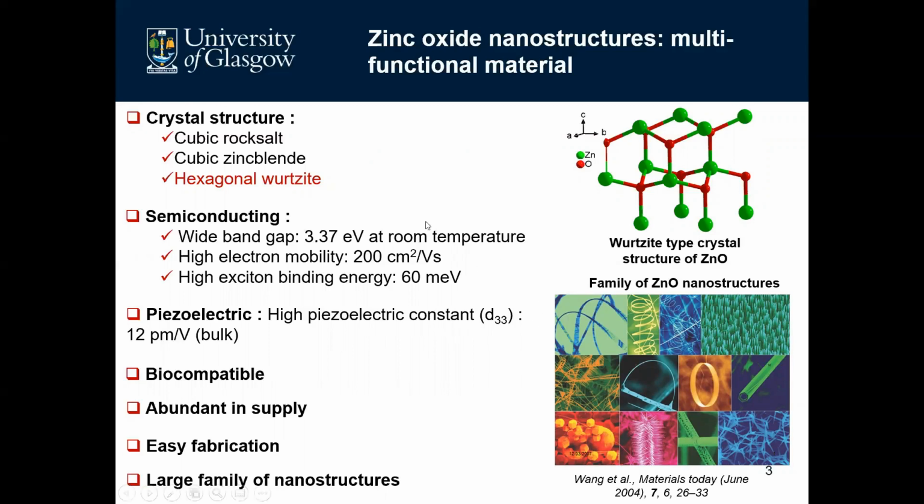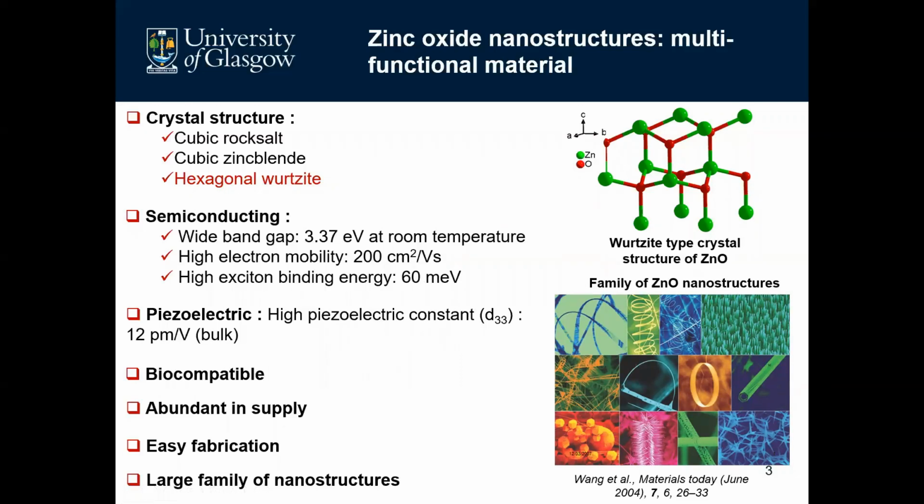So this slide shows some of the appealing properties of this material. As a wide band gap semiconductor having 3.37 electron volt band gap, it has a high electron mobility of around 200 and high excitonic binding energy around 60 milli-electron volt, which find application in optoelectronics.